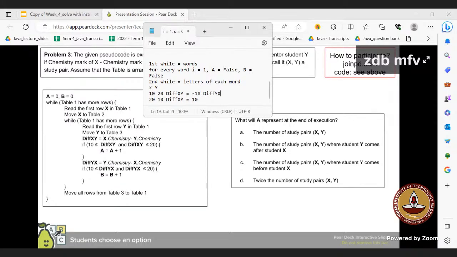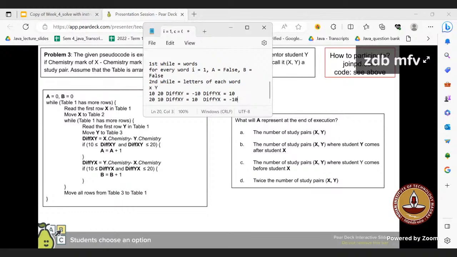Difference yx will be 10 here and difference yx will be minus 10 here. So for A, when will we increment A? When difference xy is between 10 and 20.